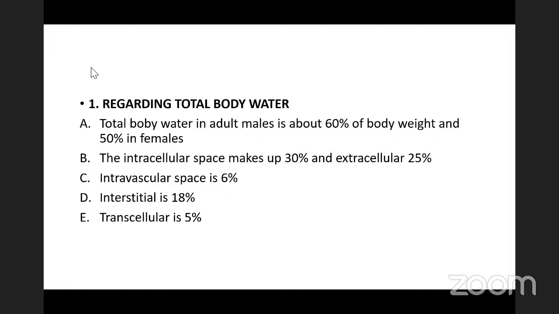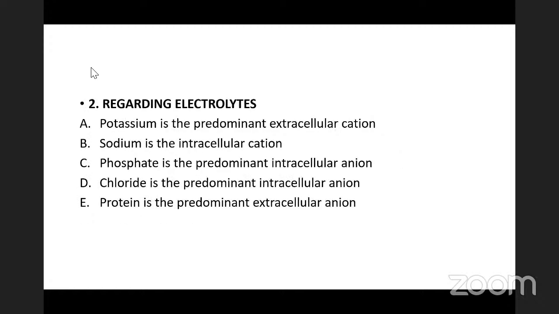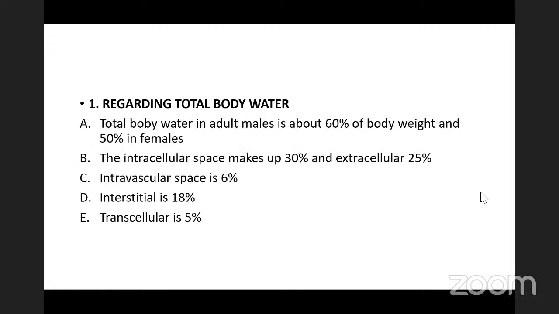Now, this question is on total body water. And of course, we said total body water in an adult male is 60%, and that in a female is 50% of body weight.